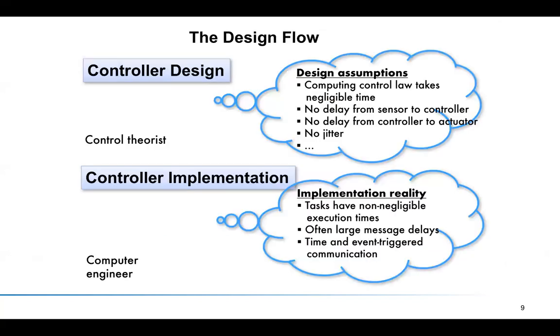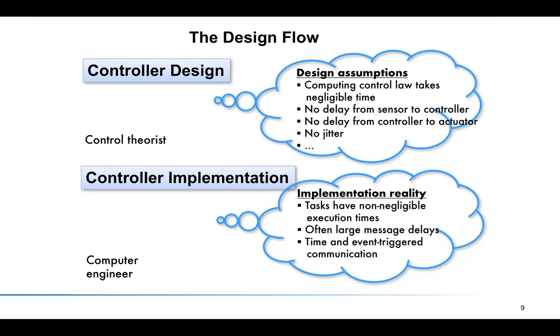Now, the way control theory has progressed, when the controllers are designed, typically a large number of simplifying assumptions, especially those related to the platform, are made. Typical simplifications could be that there is no delay from sensor to controller or controller to actuator. All the state components are available at the same time.